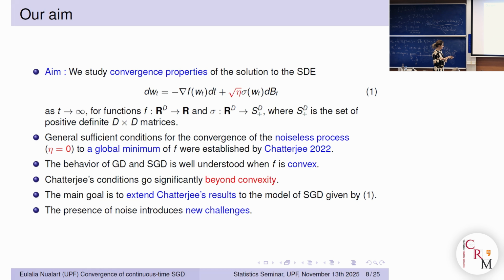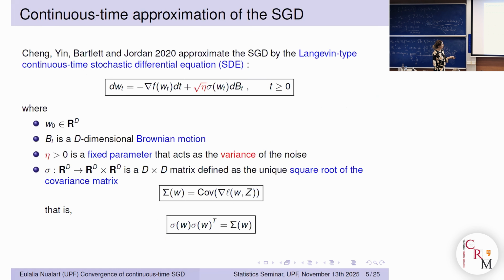Now the question is, under which conditions on F and sigma, please remember sigma is the unique solution of the square of the covariance of the gradient of L, okay? So it's a fully nonlinear process in W.